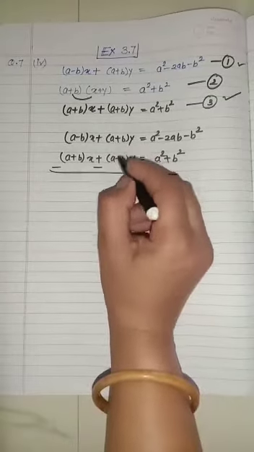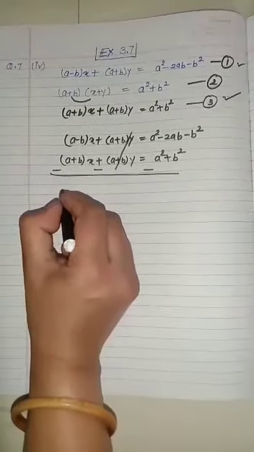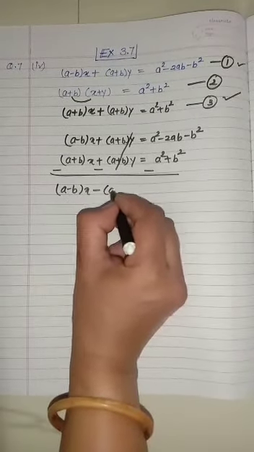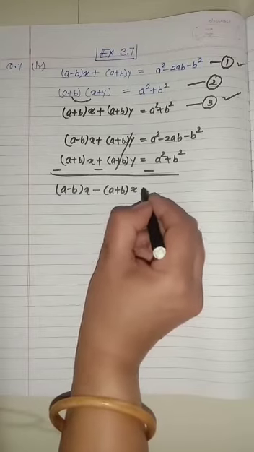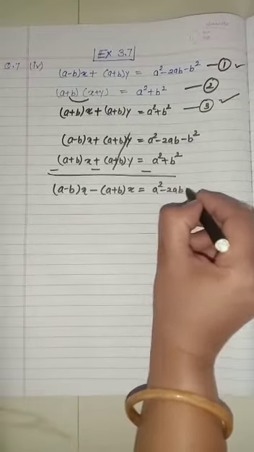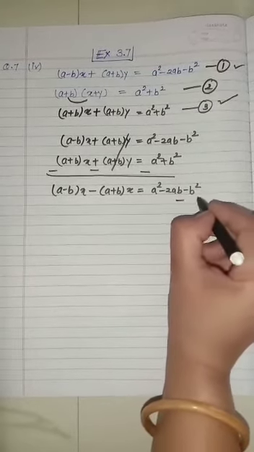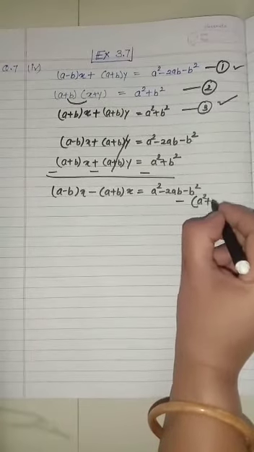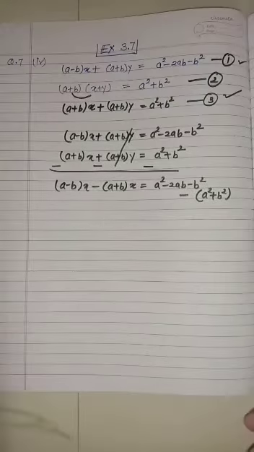Now this (a plus b)y cancels with this minus (a plus b)y. Remaining terms we will write as it is, (a minus b)x minus (a plus b)x equal, right hand side, a square minus 2ab minus b square minus, since minus sign is there so we will use bracket here, (a square plus b square).